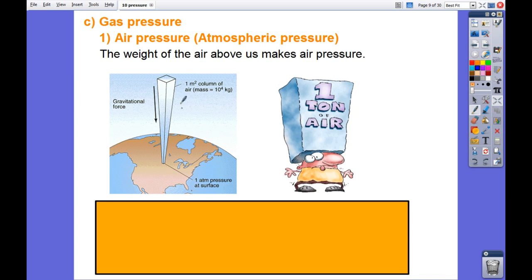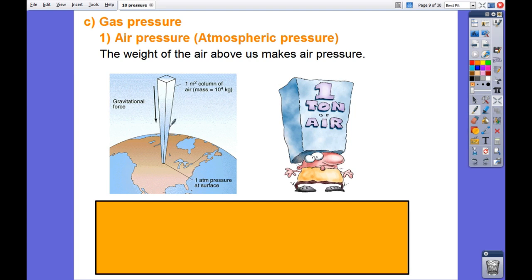So here we have a picture of Earth, and here is a column of air. This 1 meter times 1 meter column of air will have one atmospheric pressure at the surface.